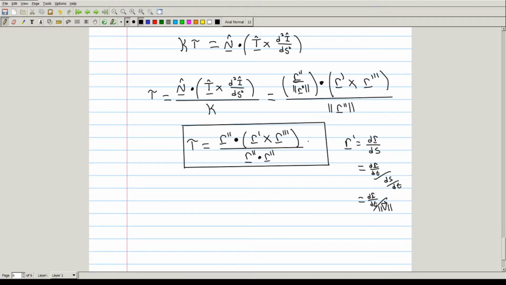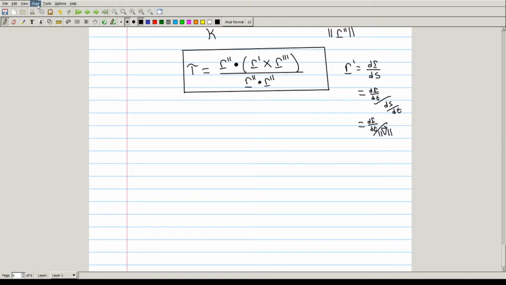So each one of these derivatives would also have to be changed according to this rule right here. So you have to be very, very careful if you're going to try and do this with respect to a curve parameterized with respect to a different parameter. But it'd be a good exercise to go through and do yourself and to experiment with.